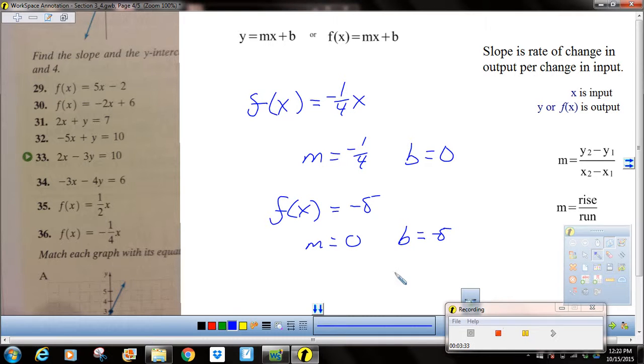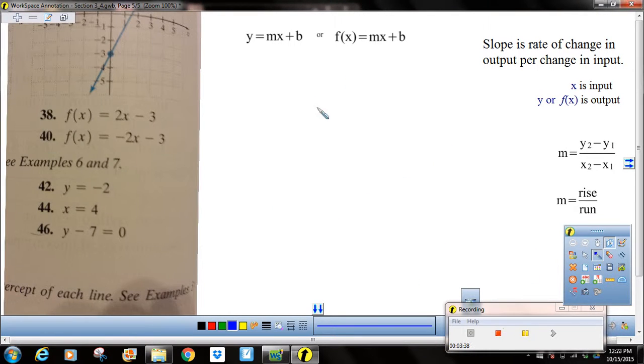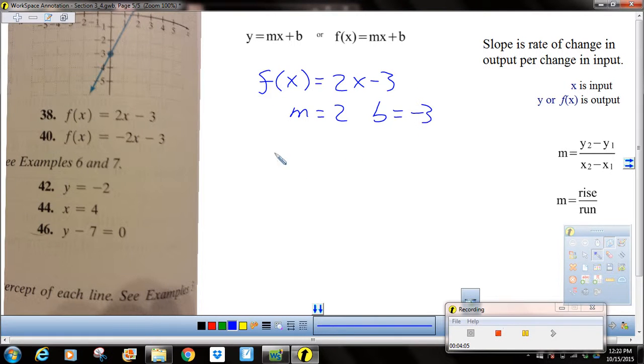Alright, moving on to number 38. 38 says f of x is equal to 2x minus 3. I believe on this one we were probably supposed to match it with a graph, so I'm going to do the graph of this. I recognize that it's slope-intercept form. The slope is 2. The y-intercept is negative 3. So to graph it, I'm going to start at negative 3.